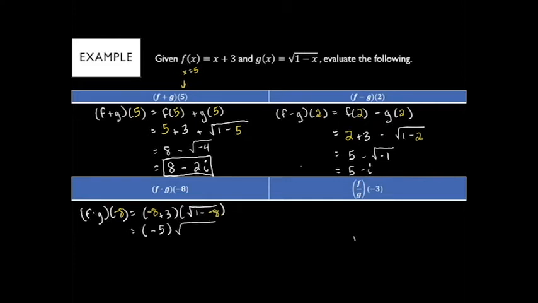And then I have a square root. 1 minus negative 8 is 1 plus 8, that's going to be square root of 9. So the square root of 9 is 3, and I'm running out of room here. So this is negative 5 times 3, and we get negative 15.